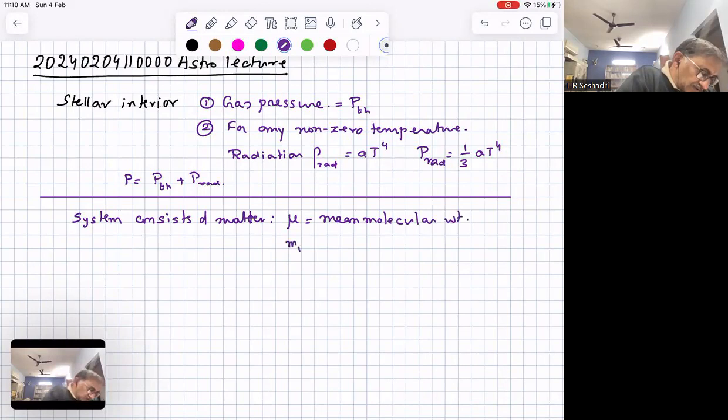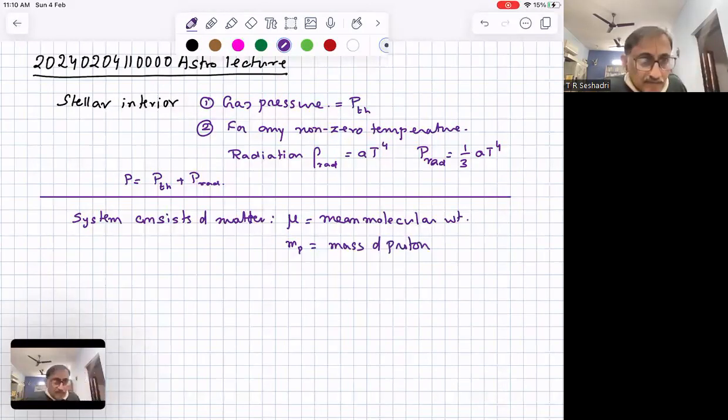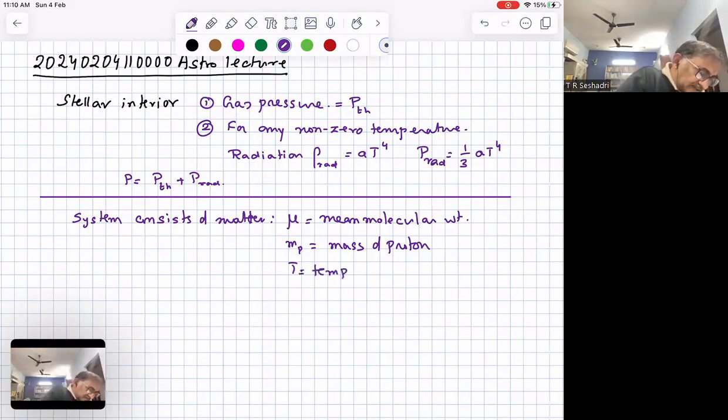And as usual, I will call MP the mass of proton, and T the temperature. Now, what is assumed is that the gas and the radiation are in equilibrium. So we do not have T gas and T radiation. We have a single T which is the same for both, because it is in equilibrium. And I have rho as the density of gas.